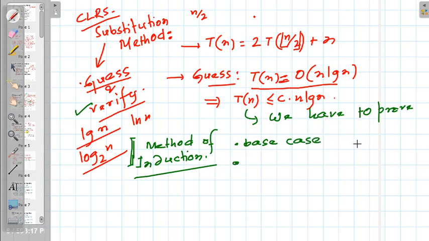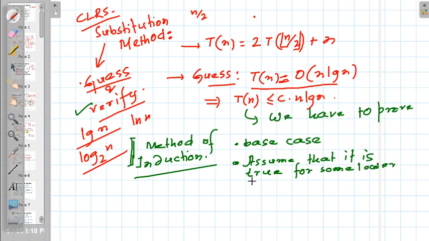We have to show that the base case is true, and then we have to assume that it is true for some lower values of n.